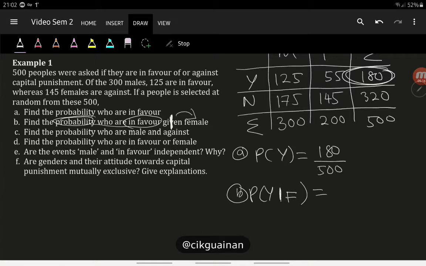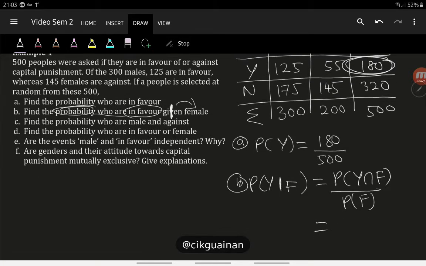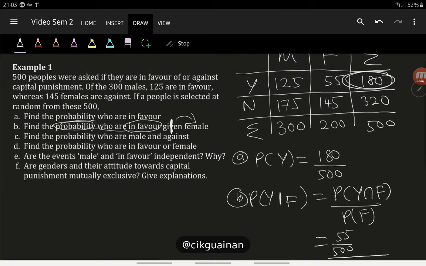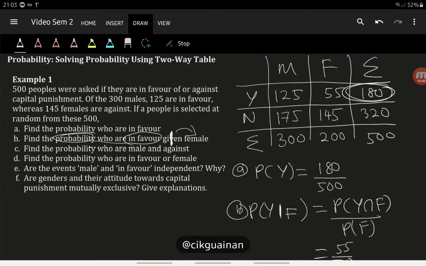So you use the formula already. The intersection of Y and F is 55 over 500, divided by the probability of F. Since there are so many questions, I suggest you take a screenshot of the question or copy paste it, and then draw the table on your own paper as well, so it is easy for you to refer, because I will keep scrolling down.